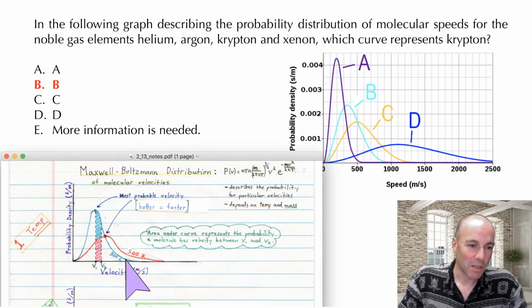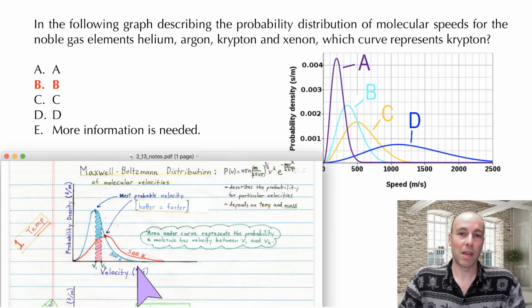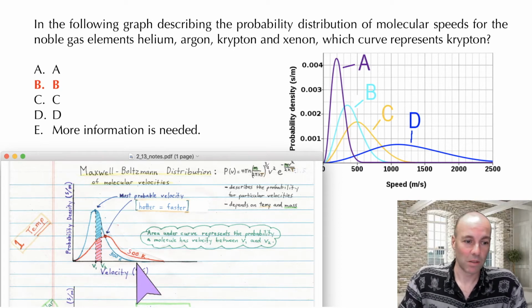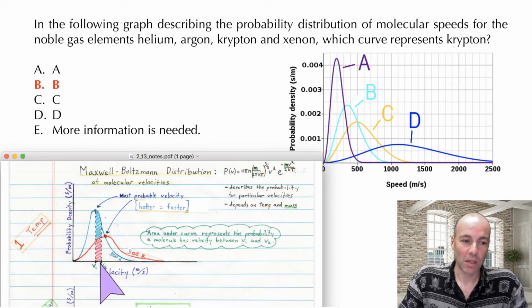If you could take a pair of scissors and cut out that hump-shaped region, that would represent all of the gas particles. Suppose there is a mole of gas particles, and this piece of paper that you would cut out represents that one mole. And we're interested in gas particles that are moving with velocities between v1 and v2, so this little portion of the x-axis.